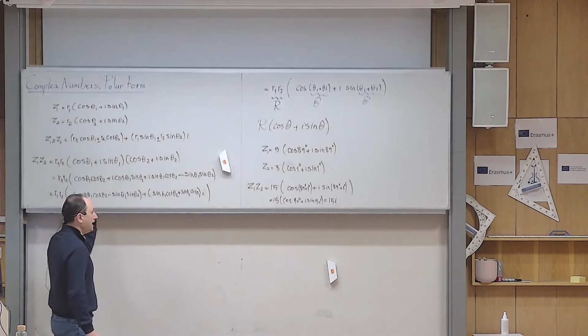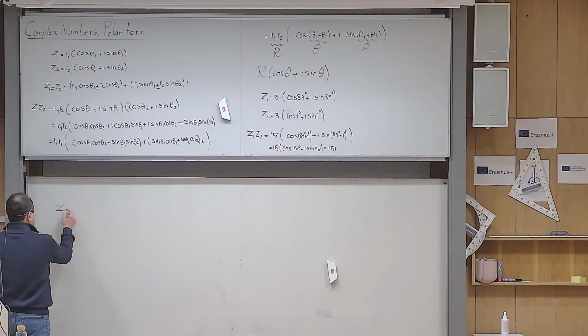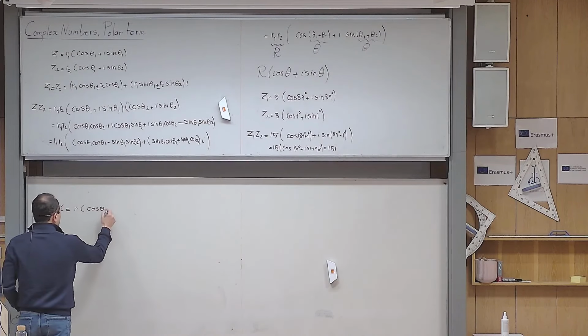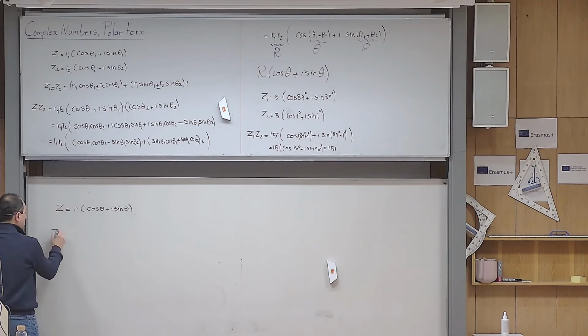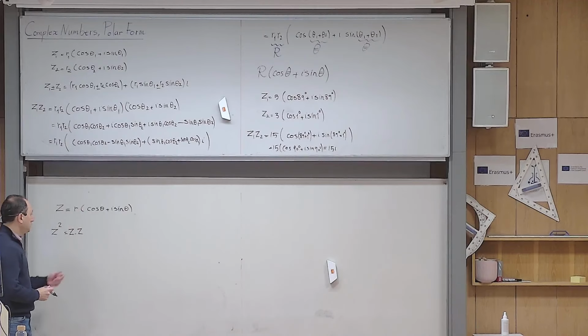Because what happens if I give you one single complex number, say r times cosine theta plus i sine theta. If I ask you what is z squared, I'm raising it to power 2 now. So z squared means multiplying z by itself. So what was the message? The message is that if you want to multiply two complex numbers in the polar form, multiply their absolute values.